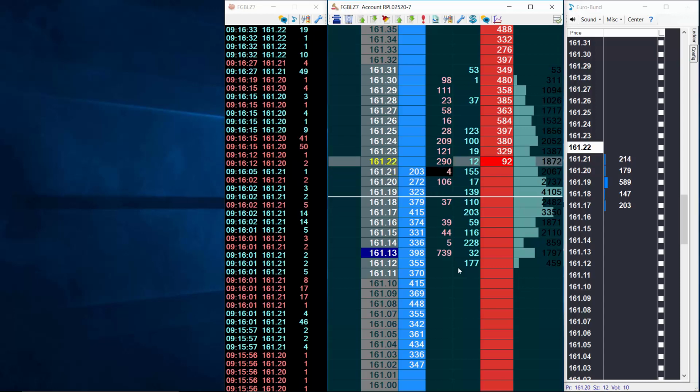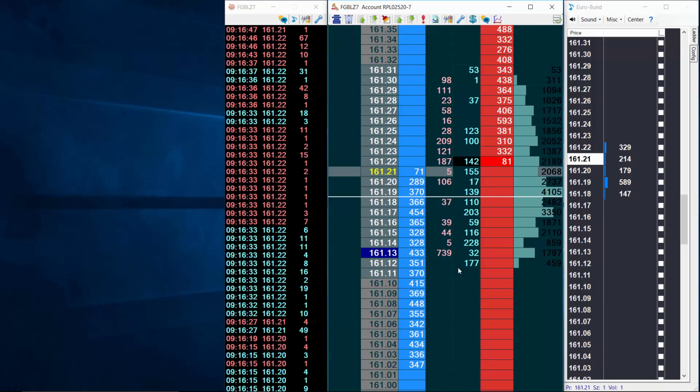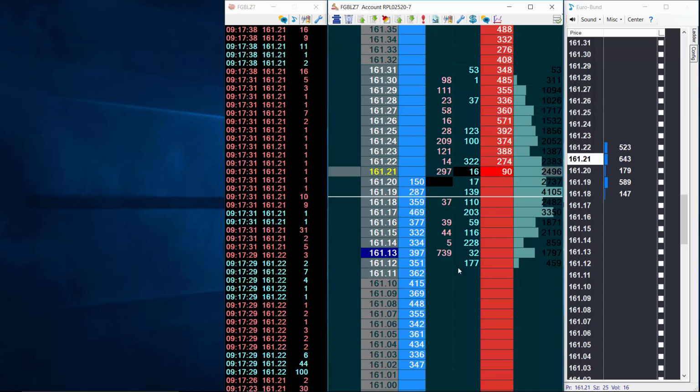Now, a lot of traders will also have correlated markets open in this scenario, and you can have a PriceSquawk open similarly for each of those markets to communicate back to you certain conditions based on volume flow and volume absorption.